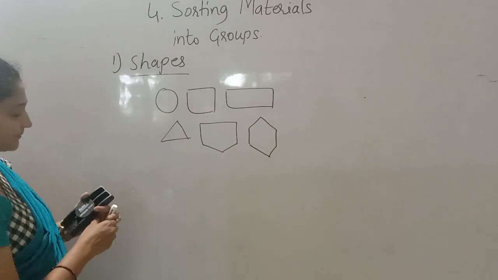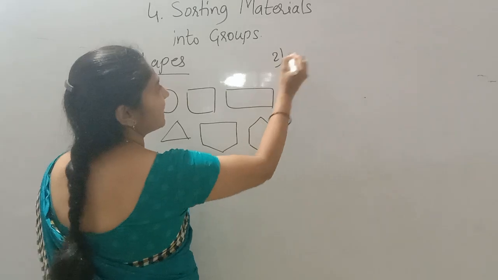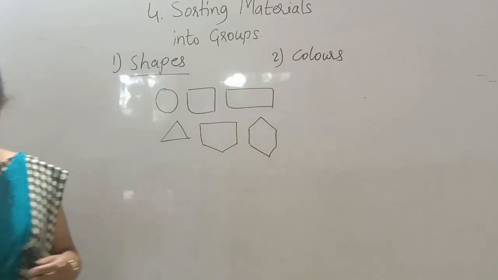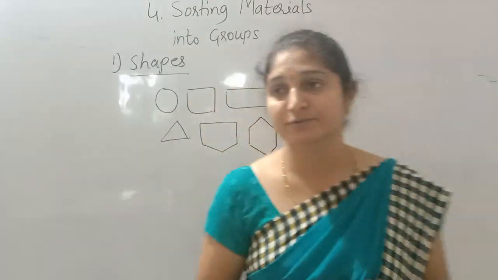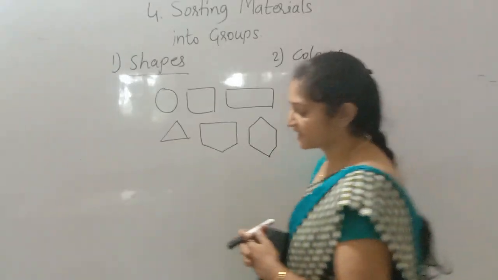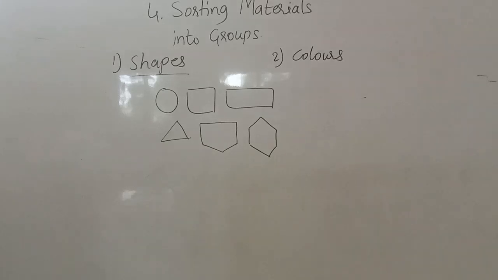Then another property which we can consider is their colors. Colors are also a property by which we can sort out the materials. Some objects are similar in color. How many colors are there? 7 colors are there.